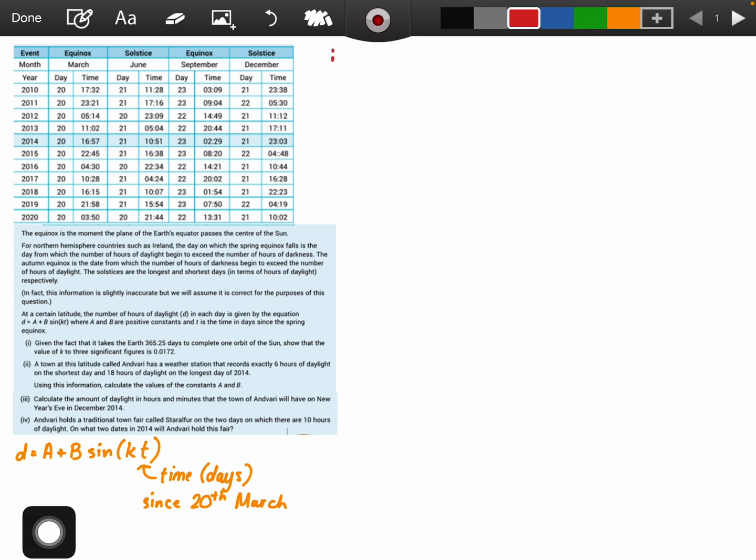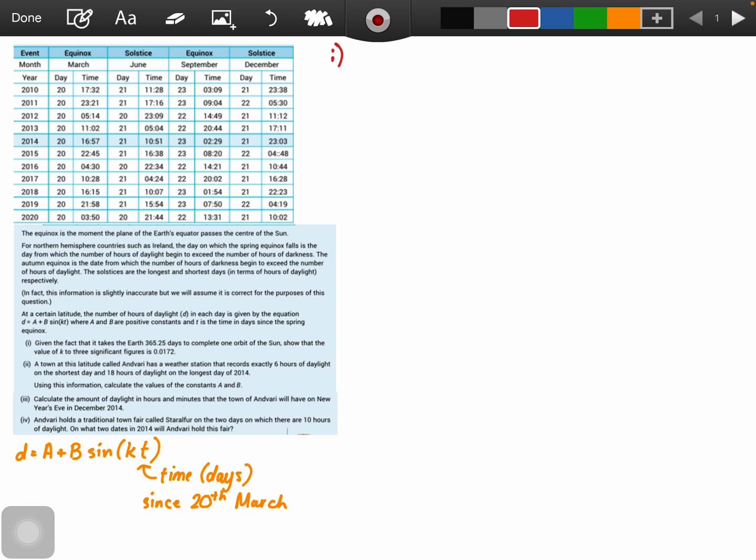Part 1 says, given the fact that it takes the Earth 365.25 days to complete one orbit of the sun. So that has to be giving me some piece of information. Remember, these equinox things and the solstices repeat themselves every year. So when it says it takes the Earth 365.25 days to complete one orbit of the sun, after that orbit, it's all going to start again.